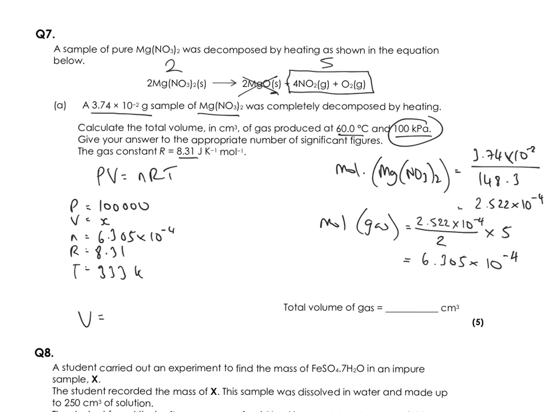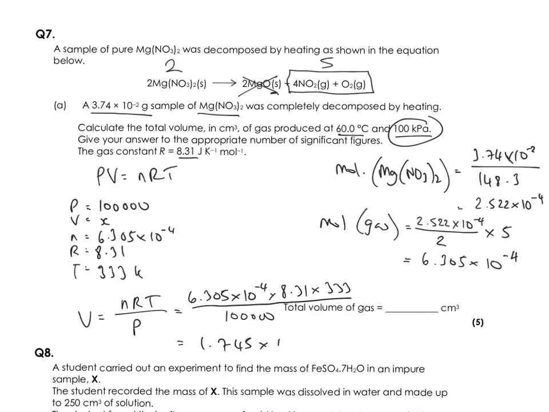So V equals nRT over P, and that equals moles, which is 6.305 times 10 to the minus 4, times R, which is 8.31, times T, which is 333, divided by pressure, which is 100,000, and that gives you the volume in metres cubed, which is 1.745 times 10 to the minus 5 metres cubed.